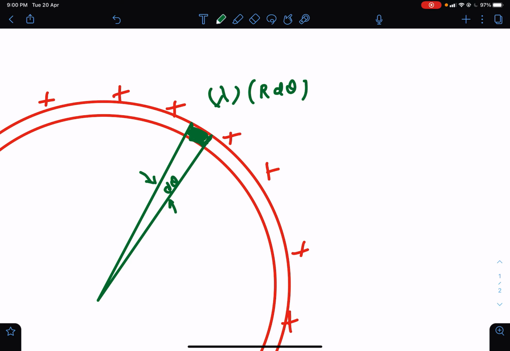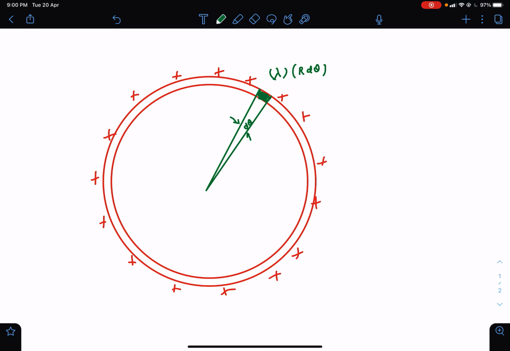This ring element is already getting repulsion from the remaining charge on the ring, and the overall repulsion will be in this way. Each element of the ring would like to go radially out, because of which the radius tries to increase.